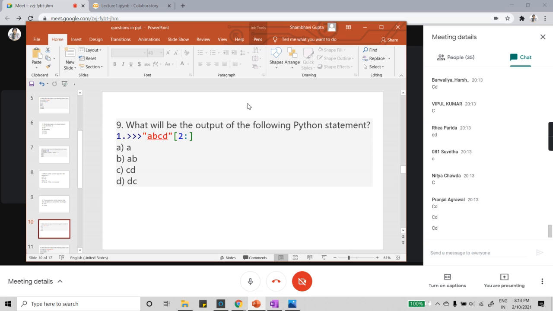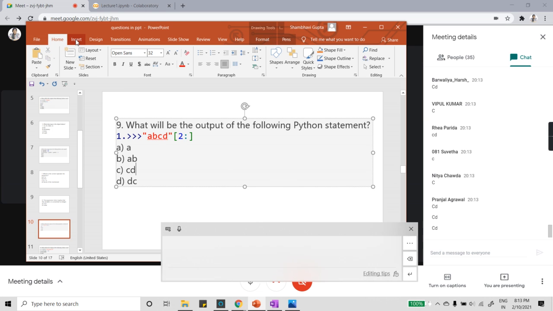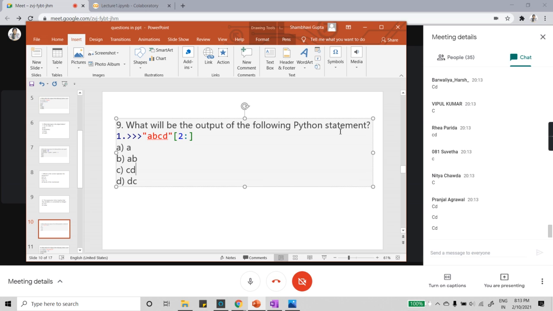Let me just explain verbally only. Let's say I have taken a string that is A, B, C, D, and in brackets I have written 2 colon. Whatever I write at the left hand side of the colon is treated as the starting index. Here I mentioned 2.